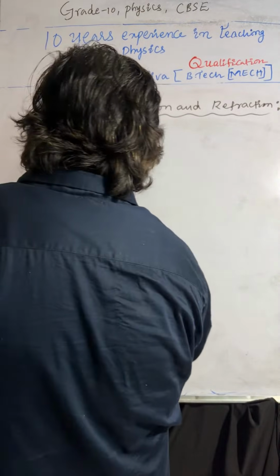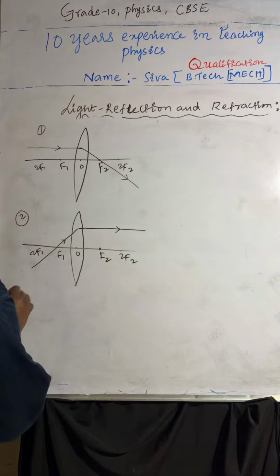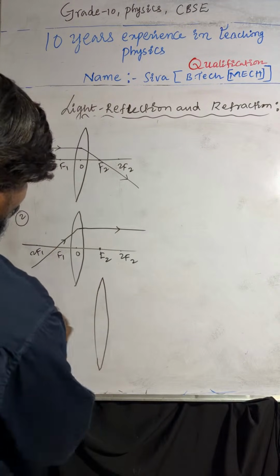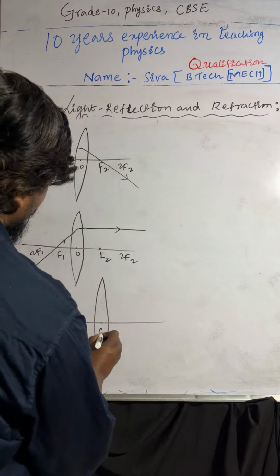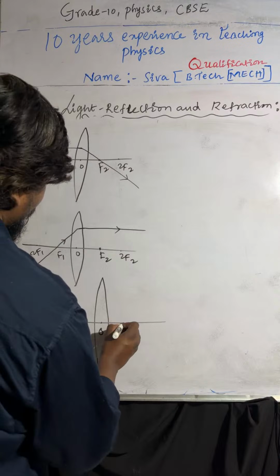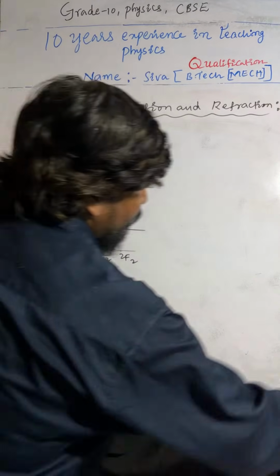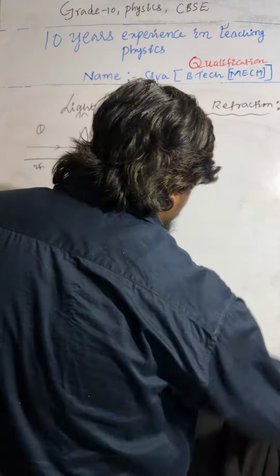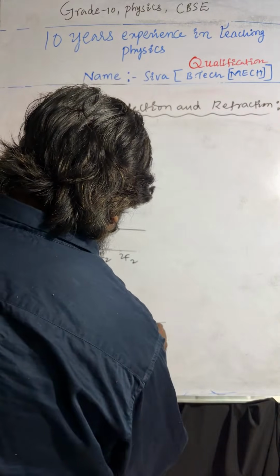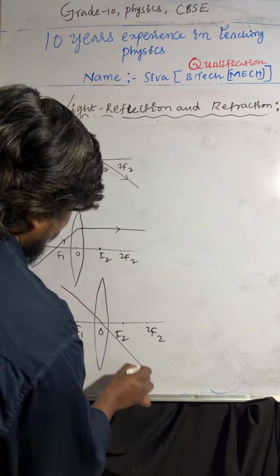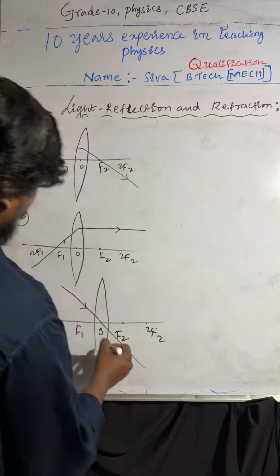Coming to the third one: convex lens, optic center, F1, 2F1, F2, 2F2. Here the light ray passing through the optic center has no deviation.